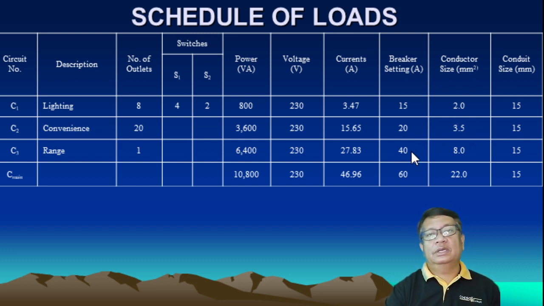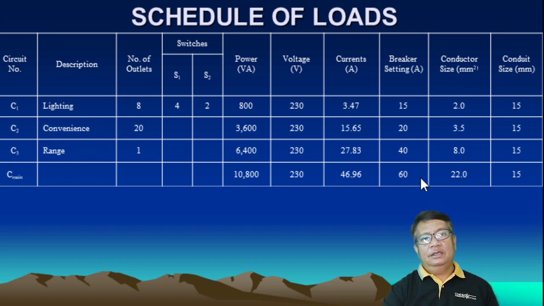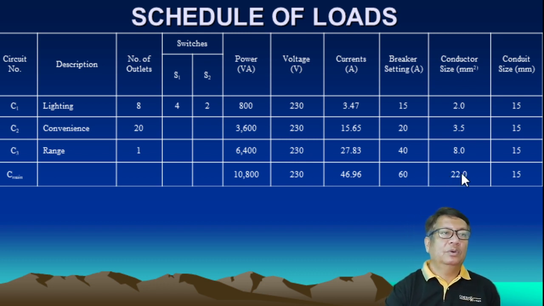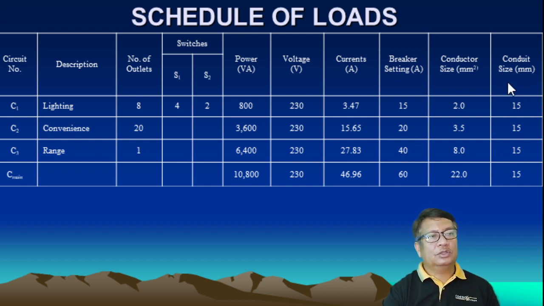For a 40 ampere circuit breaker, we have 8.0 mm squared. For the 60 ampere circuit breaker, the size that matches is 22.0 mm squared.